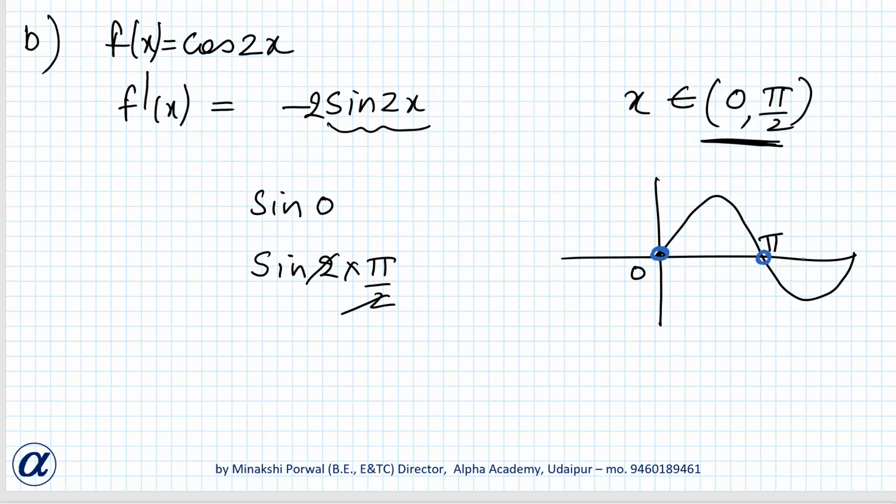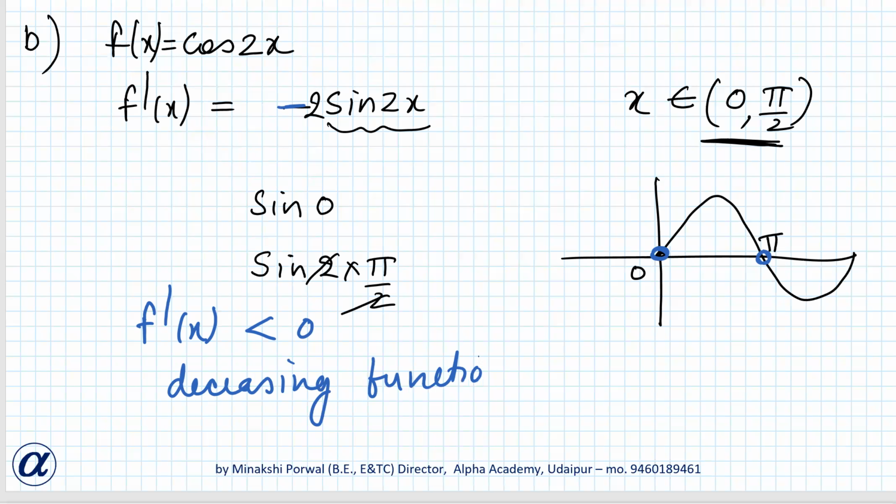This sine function is positive in this interval. So f'(x) will be negative because there is one negative sign here. So it will be a decreasing function in the given interval.